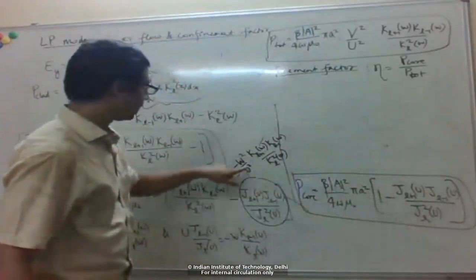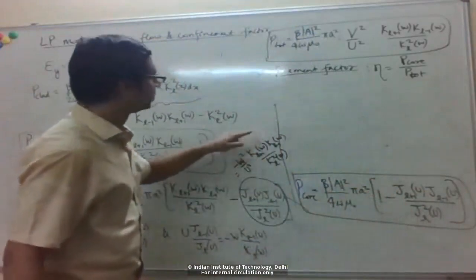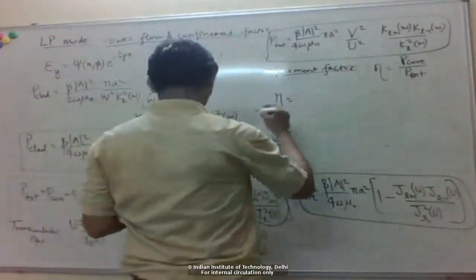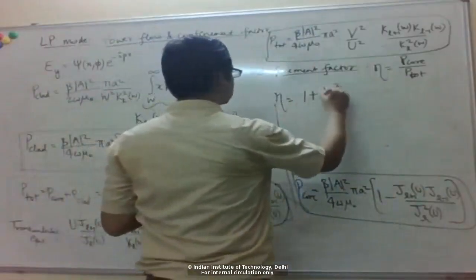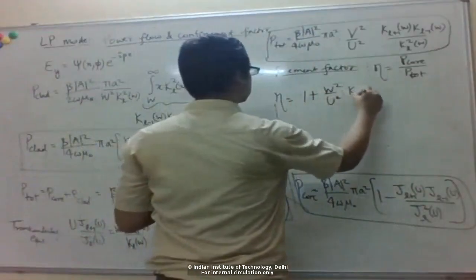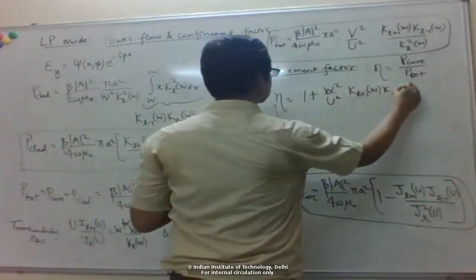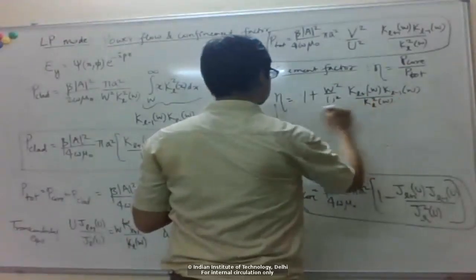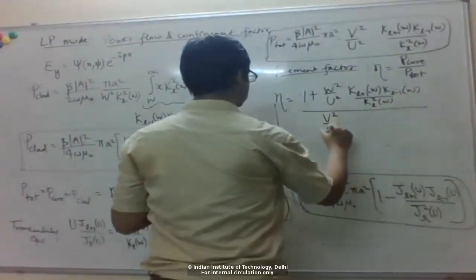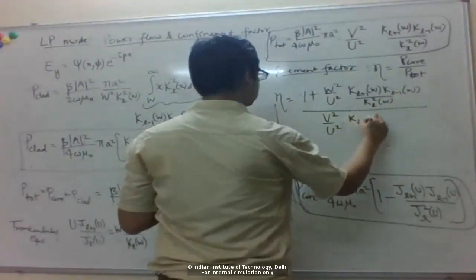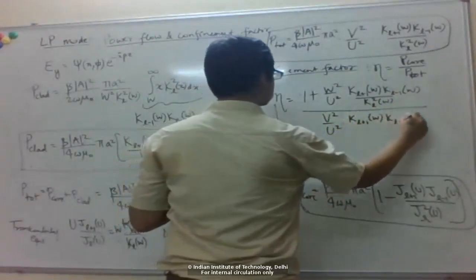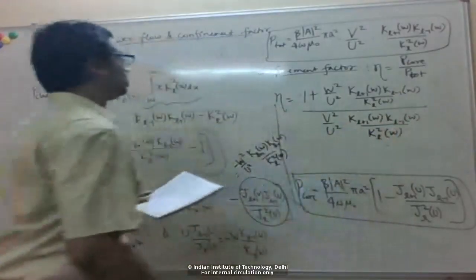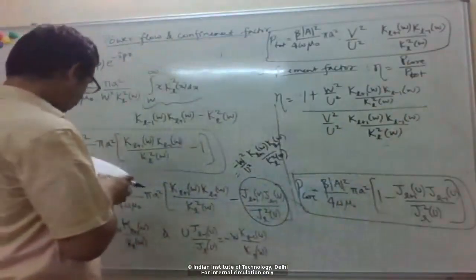Which we can again use this relation and write in terms of K, because the denominator here we have in terms of K, right? So you can write this as, okay.